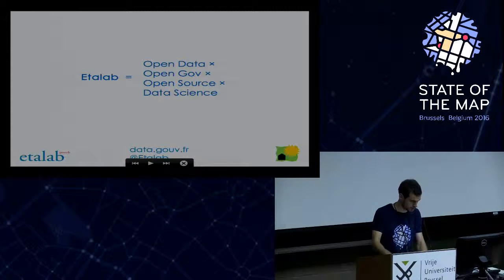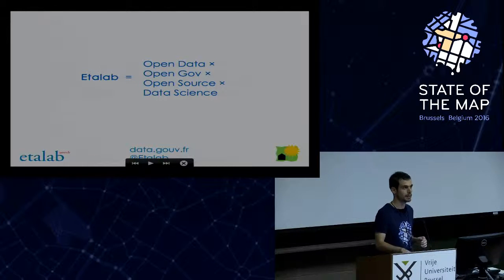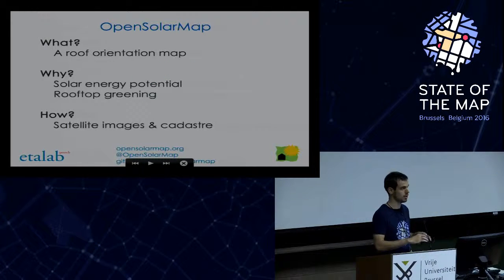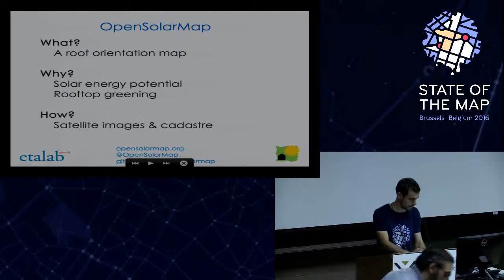energy management. So what is OpenSolarMap? It's a roof orientation map. It aims to distinguish north-south orientation, flat roofs, and east-west orientation. But what for?